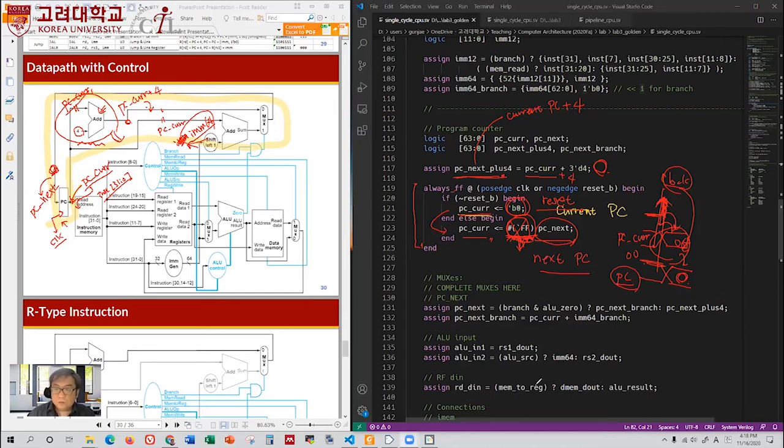So here, this part is the 64 underbar branch.